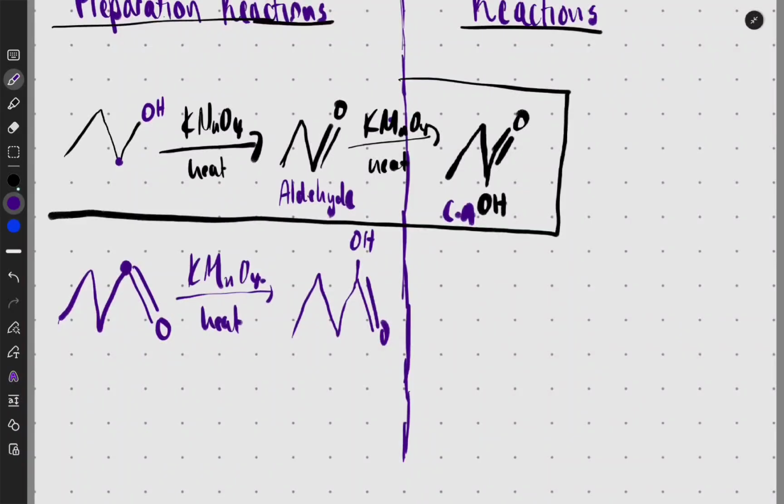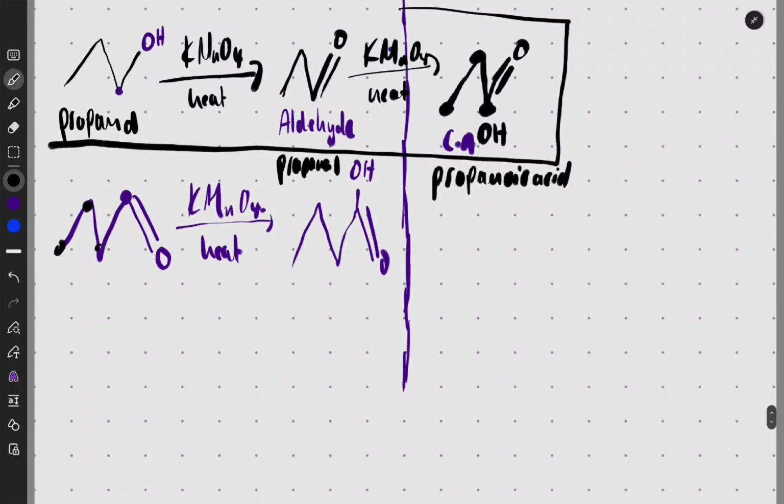Now for your carboxylic acid, of course, when you name it, you just count the number of carbons. 1, 2, 3. So what is this going to be? Propanoic acid. Where did it come from? Propanol. And from propanol, it went to an aldehyde, propanal. Then we have propanoic acid, okay? Then now it's the same thing here. We have 1, 2, 3, 4 though.